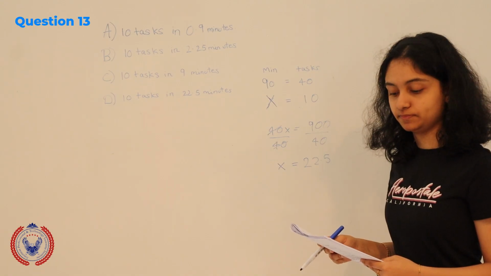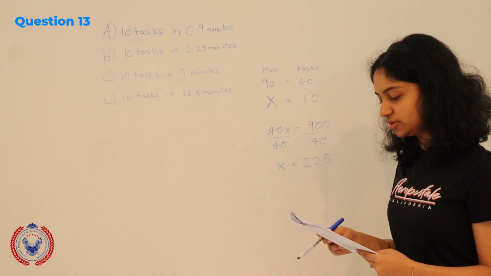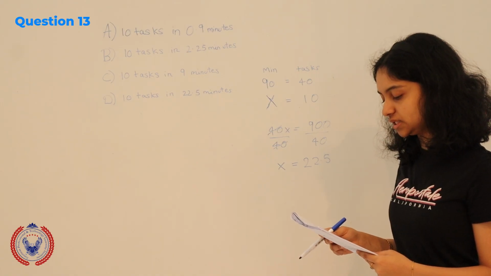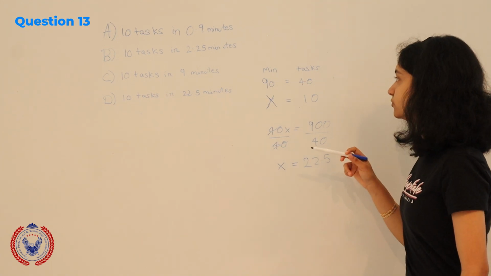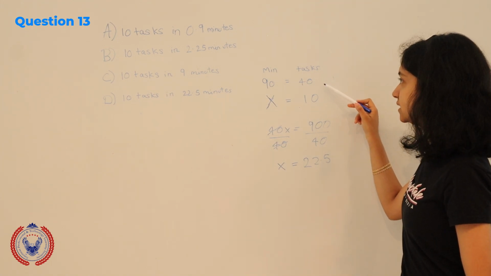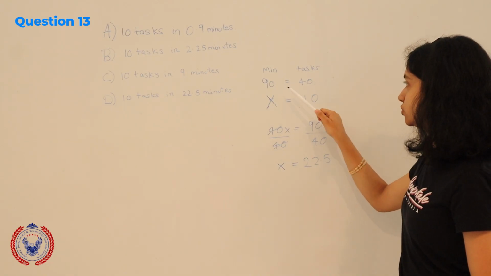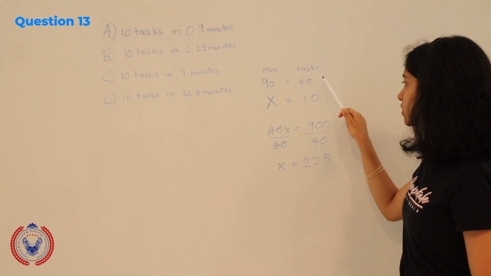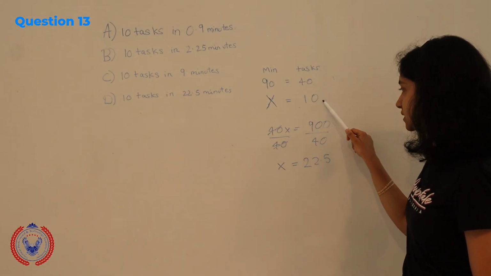Problem 13. It took Khalid 90 minutes to complete 40 tasks. Which of the following is at an equivalent rate? Okay, so this is a rate-related problem, so I could do the same thing I did a couple of problems back, and that would be to set up my ratios. In 90 minutes, you can complete 40 tasks. So in how many minutes can you complete 10 tasks?